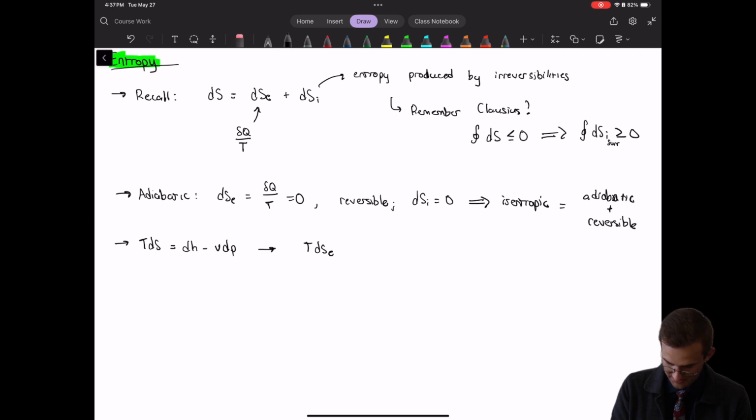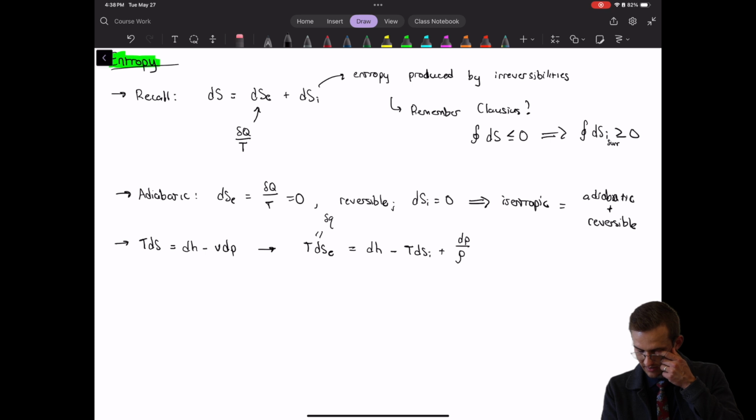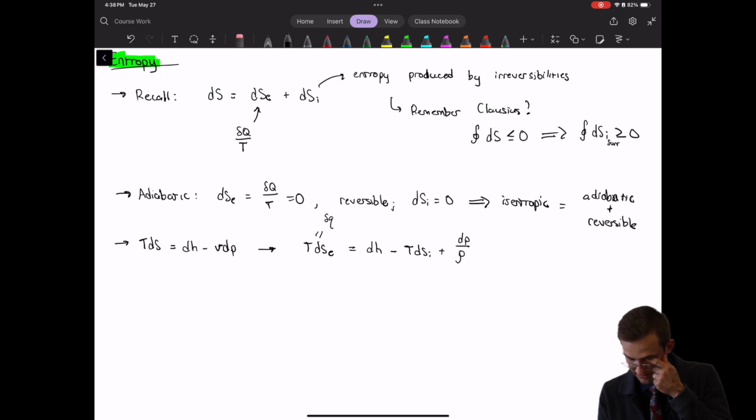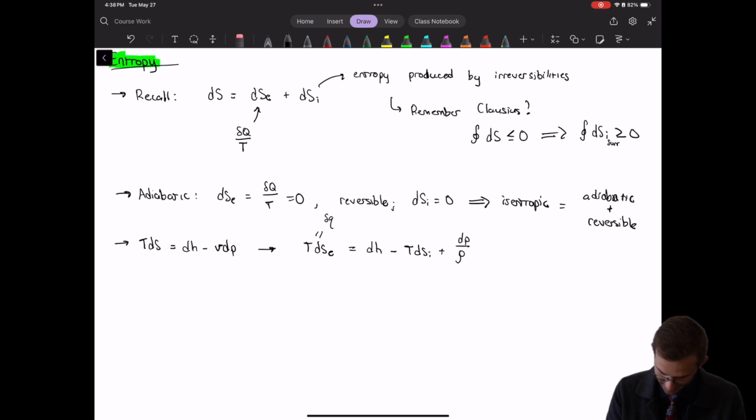This whole thing here is the same as delta Q, right? It is equal to dH minus T dSi plus dP over rho, since the specific volume is just 1 over rho.